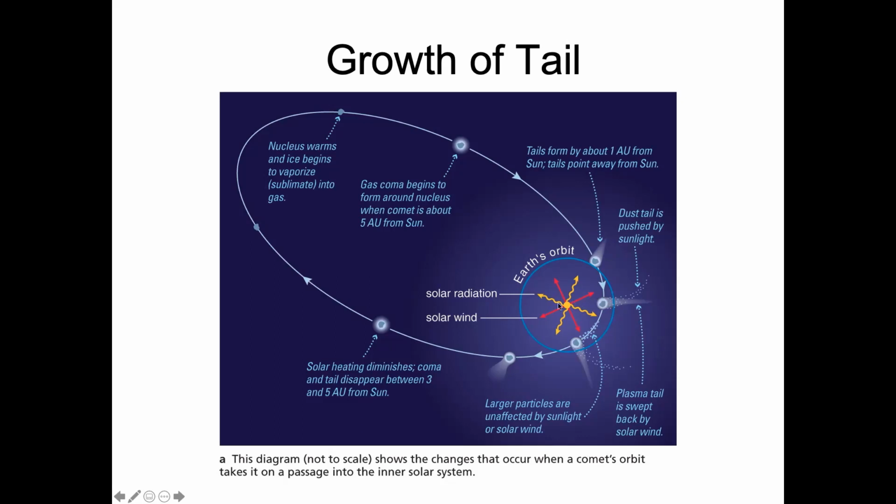And that would be the solar radiation in this diagram. The solar radiation doesn't have as much pushing power as the solar wind. And so we don't get as straight of a tail. It starts to lag behind based on the direction that the comet's moving. Right, so that's how you can sort of differentiate between the two.